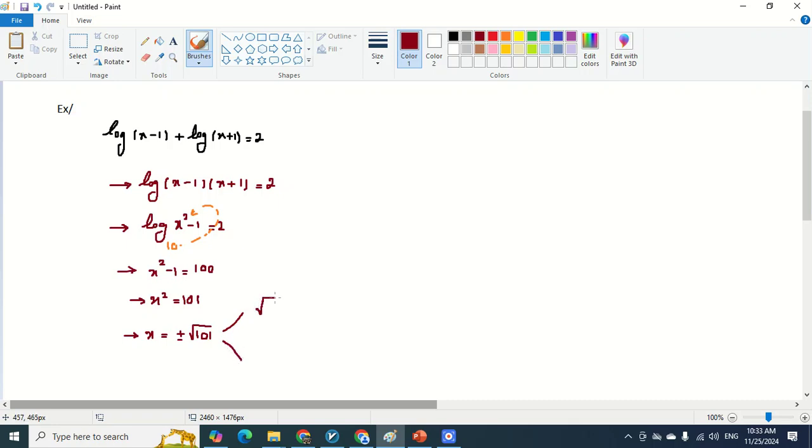We have two answers. One of them is root of 101, and the other one is minus root of 101. The positive one we can use, but for the negative root you should care about the logarithm of x minus 1. This makes the first logarithm negative, so the second answer is not acceptable. The only answer will be plus root of 101.